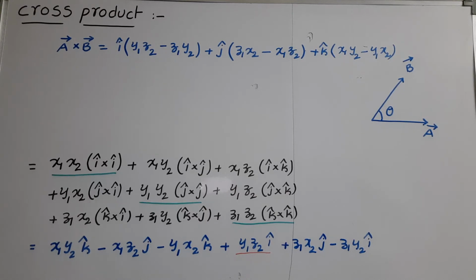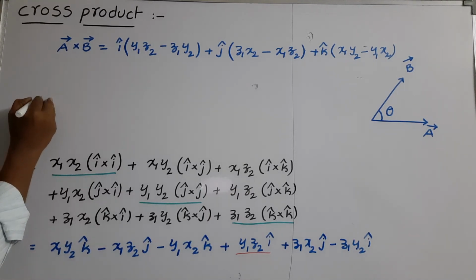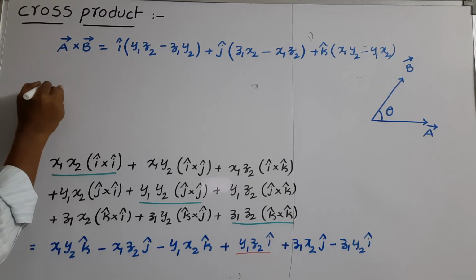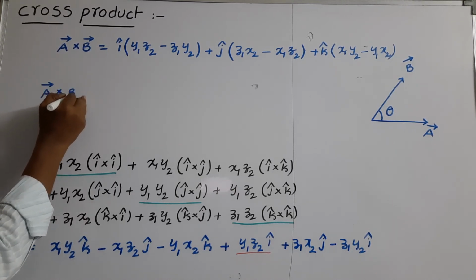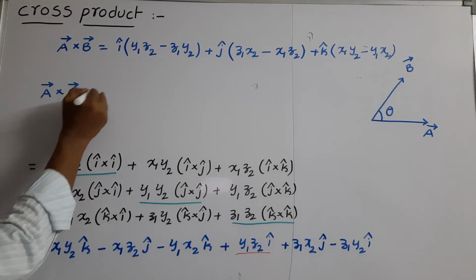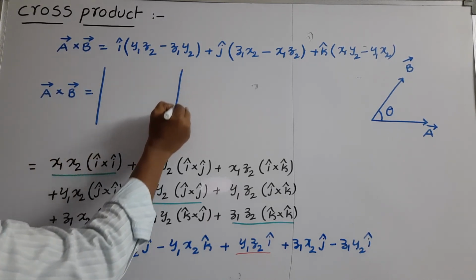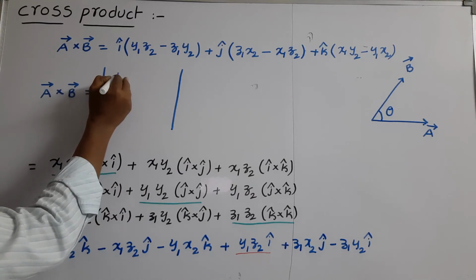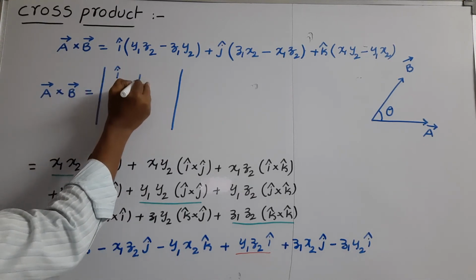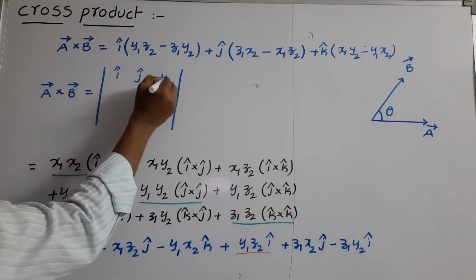Not only in this way, we can find it in another simple way, that is the determinant method. How to get a bar cross b bar? In the determinant method, a bar cross b bar is equal to, first we write the mod or box of i cap, j cap, k cap.